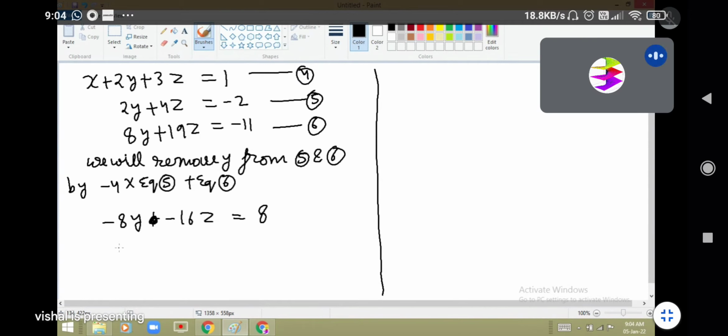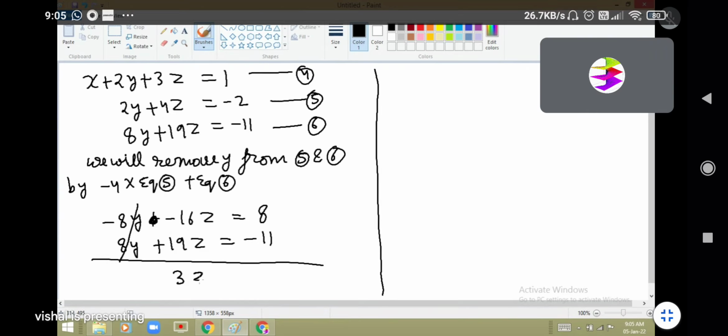And equation number 6 is 8y plus 19z is equal to -11. Now we have to add these. This will cancel out. -16 plus 19, this is 3z is equal to -3.